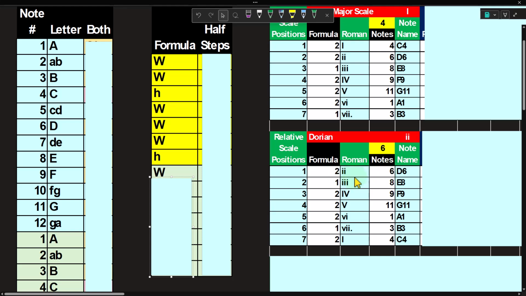So we'd say 6 plus 2 gets me to 8, 8 plus 1 gets me to 9, 9 plus 2 gets me to 11, 11 plus 2 gets me 13. There's only 12 notes in the musical alphabet. 13 minus 12 is 1. 1 plus 2 gets me to 3. 3 plus 1 gives me 4. And 4 plus 2 gets me back to the 6. So that's what we want.